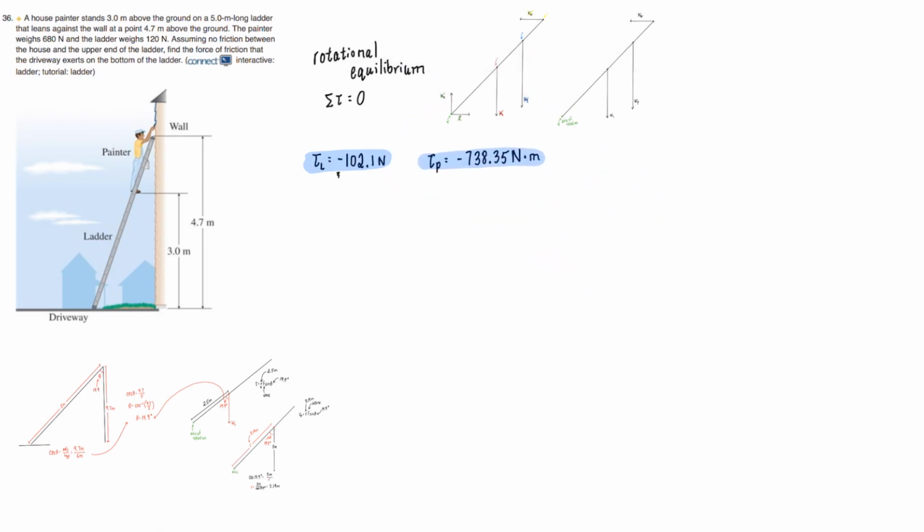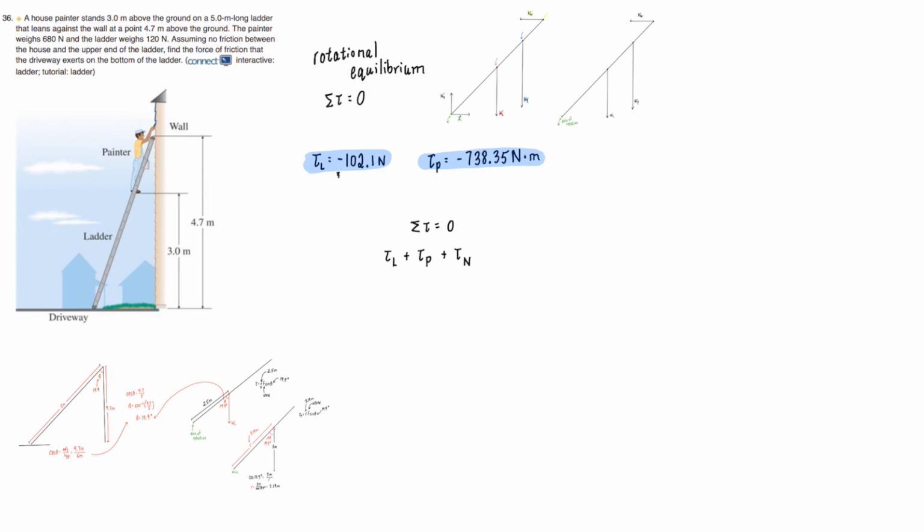Okay, so we know that our ladder is in rotational equilibrium, and what that means is that the sum of all the torques acting on the ladder have to add up to 0. And so the torques that are acting on our ladder include the torque from the weight of the ladder, the torque from the weight of the painter, and finally the torque from the normal force at the top of the ladder.